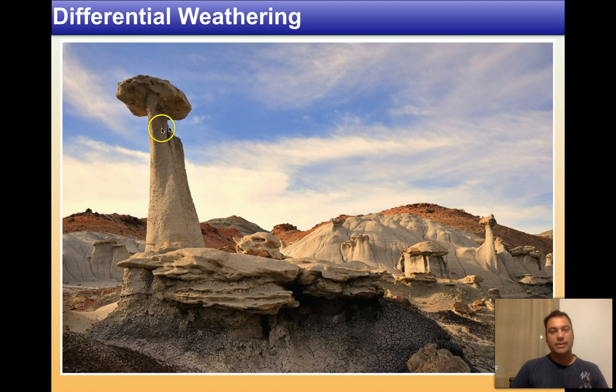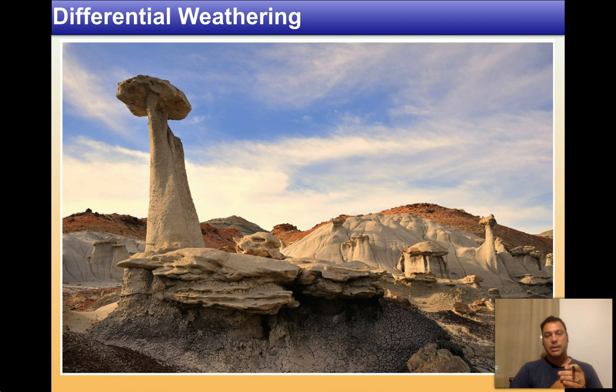This is a really neat hoodoo. Here's differential weathering. Here's a really soft rock that's underneath, but it's being protected up on top by something that's really hard. This is probably some kind of sandstone or tuff, which is pretty resistant. Here we can see it all throughout, and it's protecting these spots through here. As a consequence, it's able to create these columns beneath back here in the background as well.